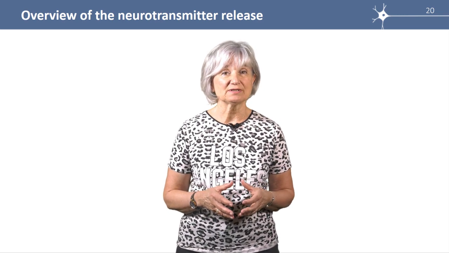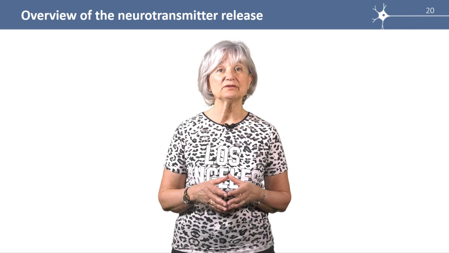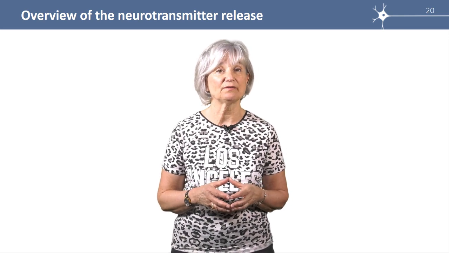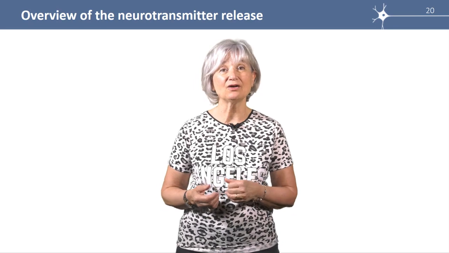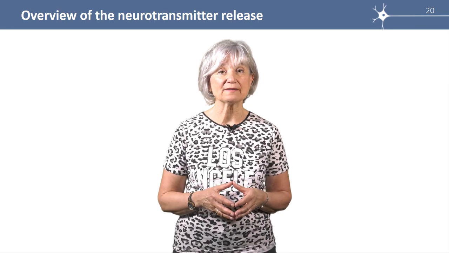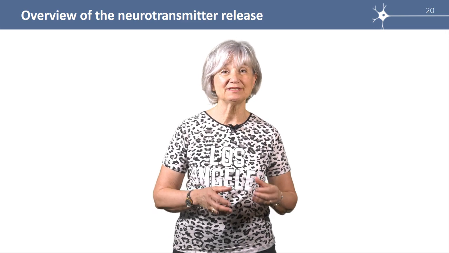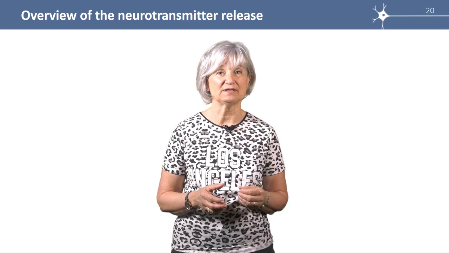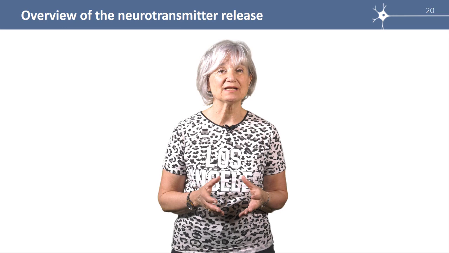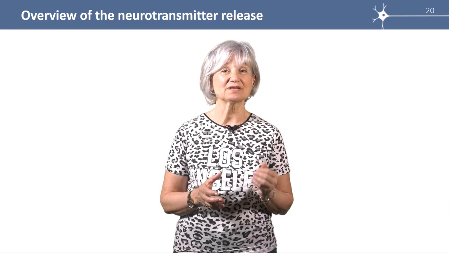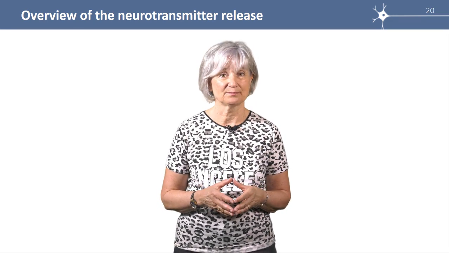This electrical signal, the action potential, created at the initial segment of the axon and traveling along the axon, arrives at axon terminals. At the axon terminals, it depolarizes the membrane, opens calcium channels, and causes calcium ions to enter.